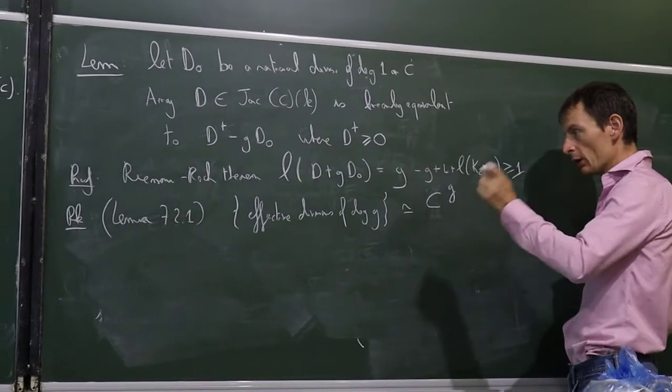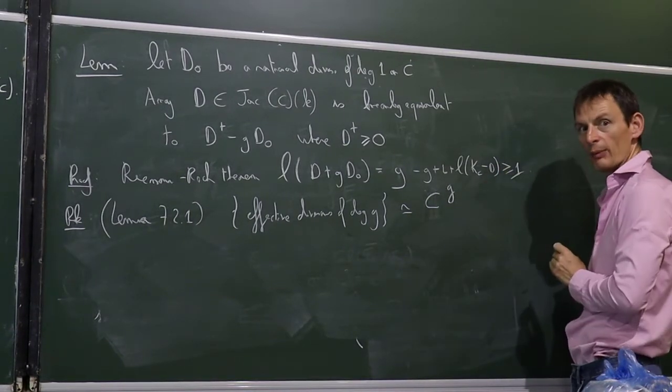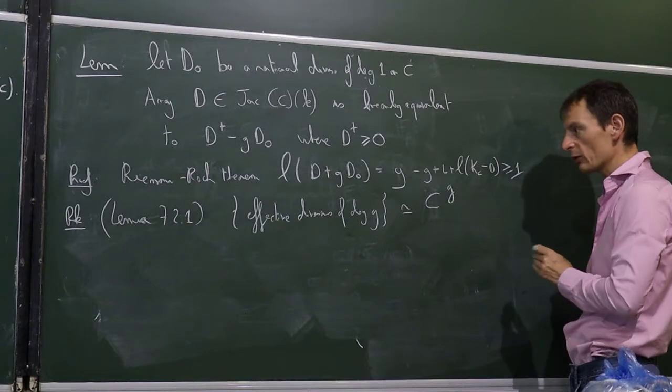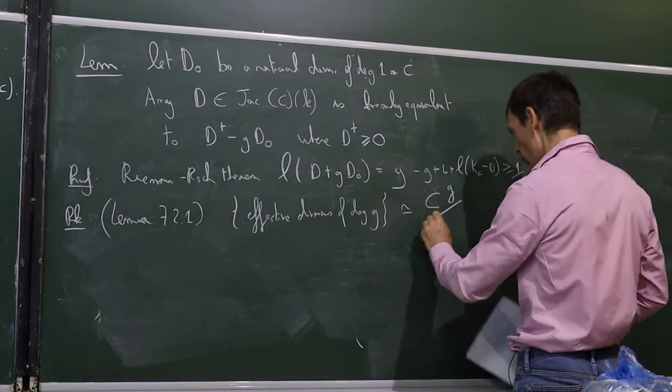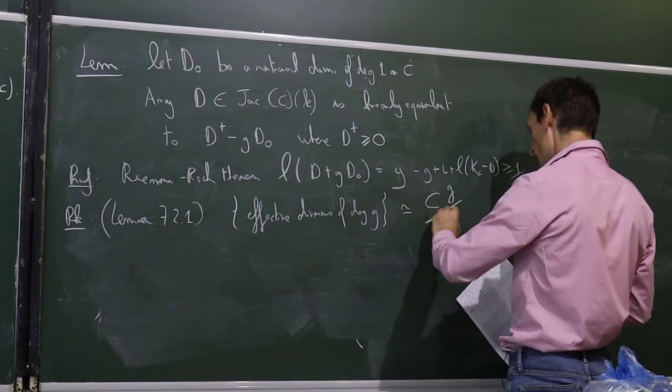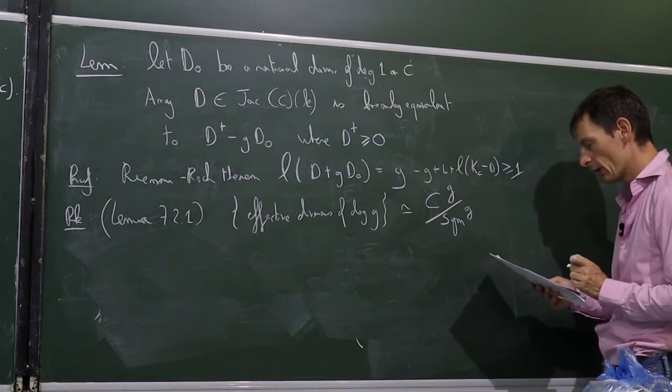So this gives you an ordered set of g points on the curve, but for the divisor you kill the order. So all you have to do is actually take the quotient of this variety by the symmetric group.